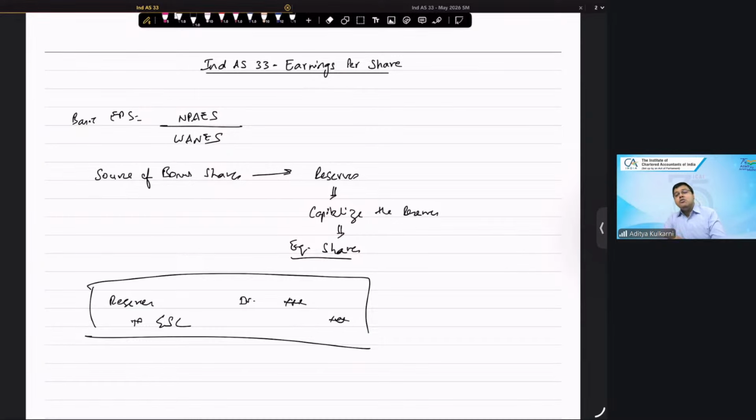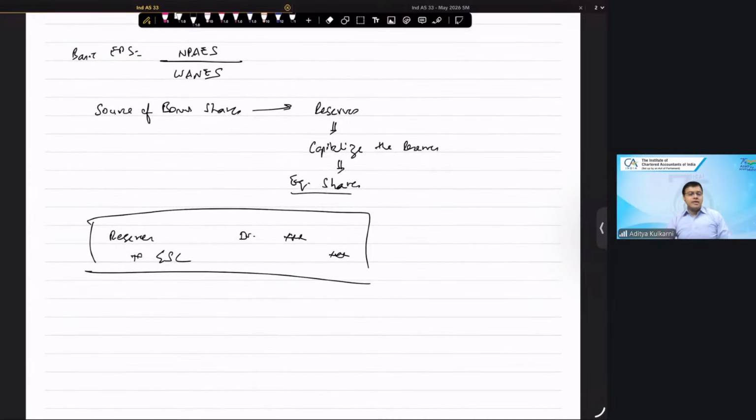Rather, you will do a bonus adjustment factor, calculating the number of shares as if the bonus shares were always in existence. Because the funds are already received right from the beginning, you will have to adjust the number of shares right from the very beginning of the reporting period.